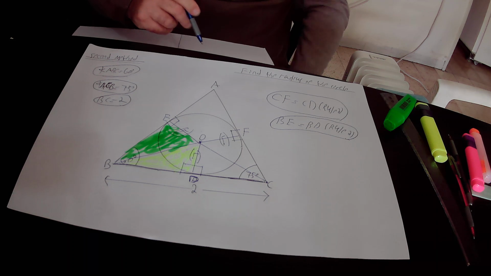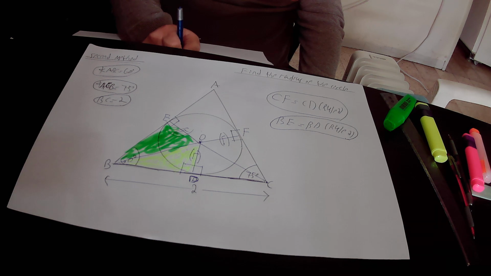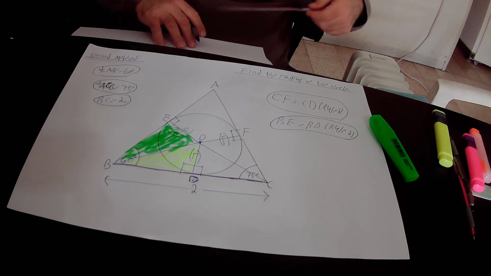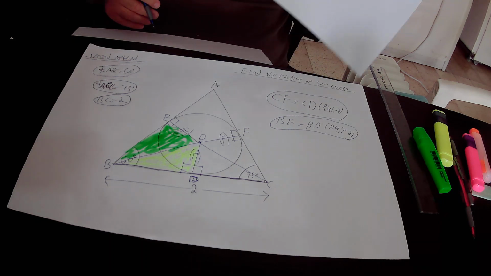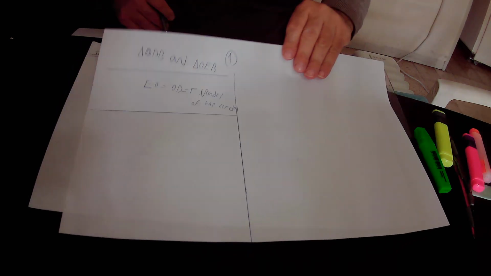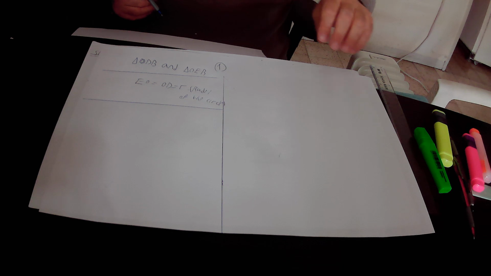So we can write down that EO equals OD. Side EO of the green triangle equals side OD of the yellow triangle. They are both equal to R because they are both the radii of the circle.